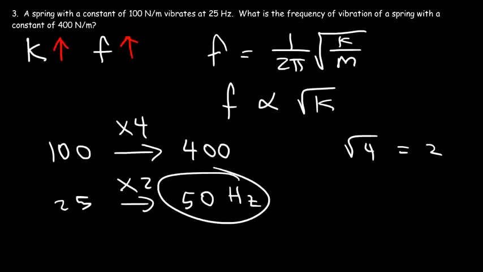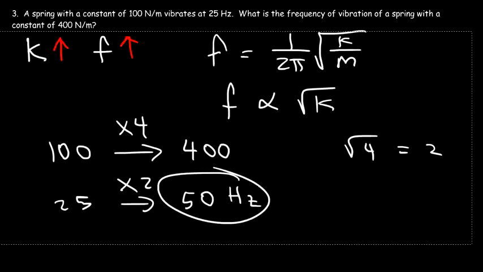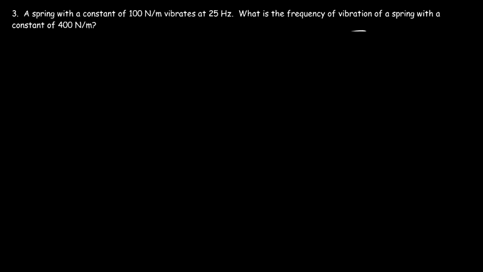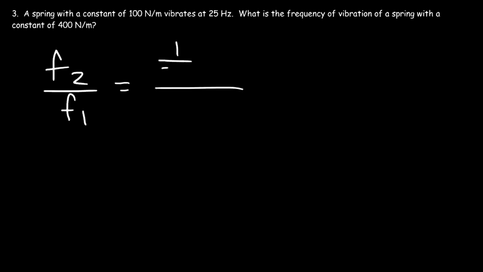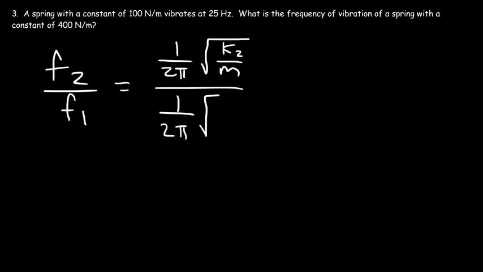Now, if you want a formula for this type of problem, here's how you could derive it. Since we're dealing with two frequencies, let's write a ratio between the two frequencies, f2 and f1. So f2 is going to be 1 over 2 pi times the square root of k2 divided by m. f1 is going to be 1 over 2 pi times the square root of k1 over m.